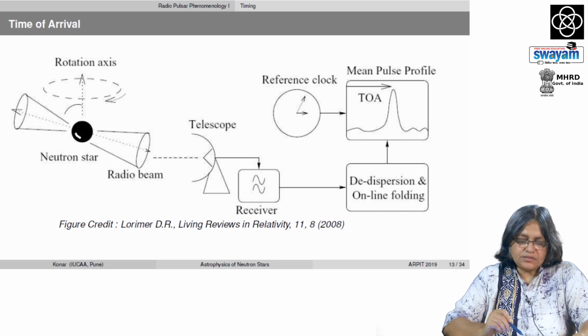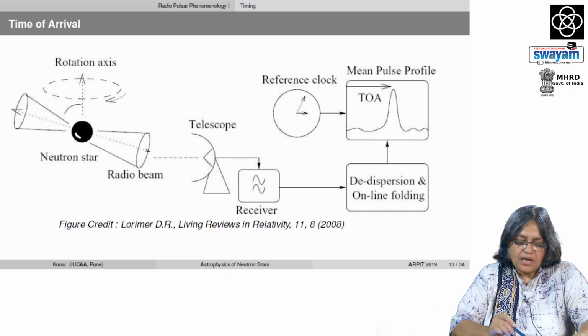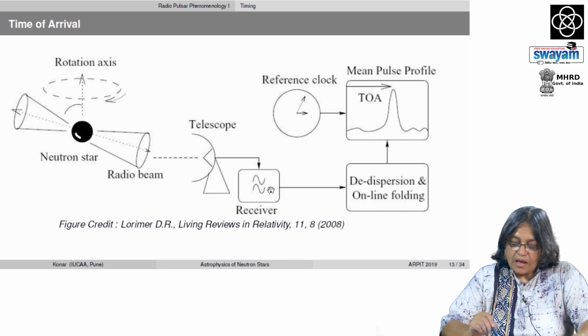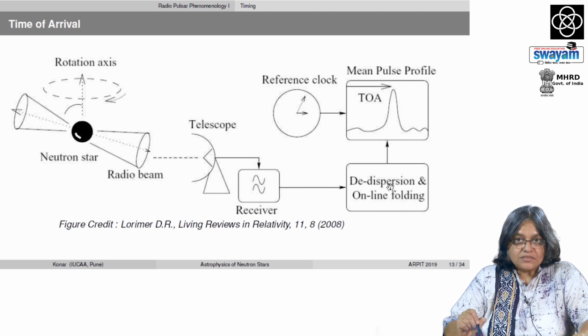As you see, here is a neutron star which is rotating and the magnetic field axis is directed towards us, towards our telescope, and we receive the radiation beam from there, and it is received in an electronic receiver, and the signal is dispersed and it is folded in the sense there are many pulses coming from the star which are folded together to obtain a sensible signal to noise ratio, and then we have a mean pulse profile.